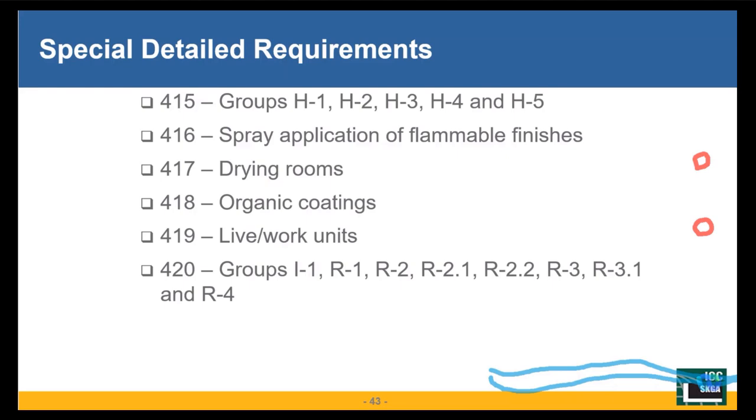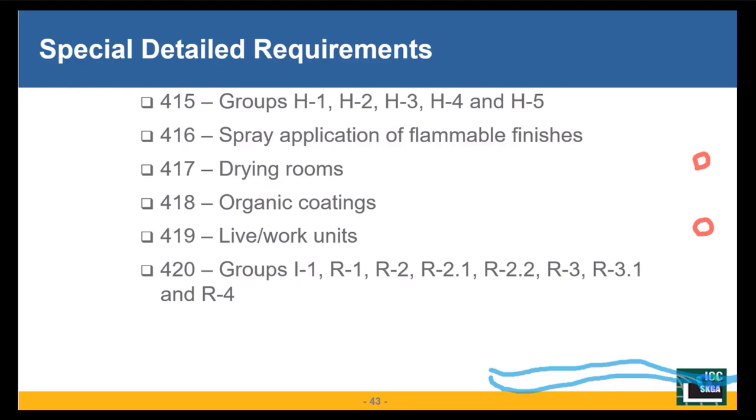Drying rooms or dry kilns are also considered special use, and they must be constructed of non-combustible materials or assemblies. Organic coating, these are coatings where they're used from plant material or animal material. They should not have pits or basements, and they should not be located in a building having other occupancies.